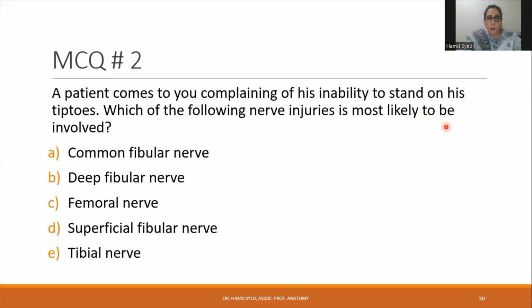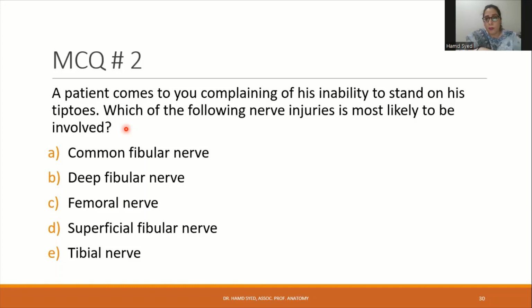Here's the other MCQ, MCQ number 2. A patient comes to you complaining of his inability to stand on his tiptoes. Which of the following nerve injuries is most likely to be involved? Now here the patient is unable to stand on his tiptoes. So when a person stands on their tiptoes, we know that the sole of the foot is moved posteriorly.